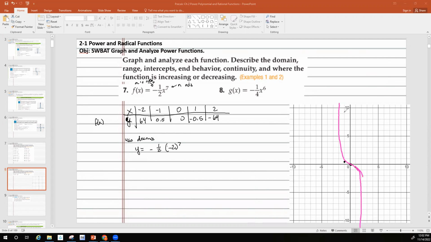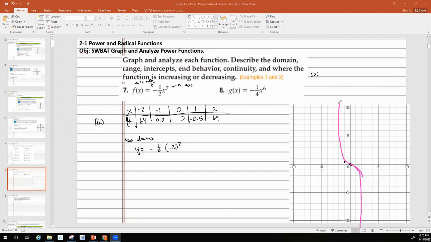Okay, that's what our graph looks like. And the domain is going to be the x values, right? So it goes all the way to the left, and it's going to go all the way to the right.